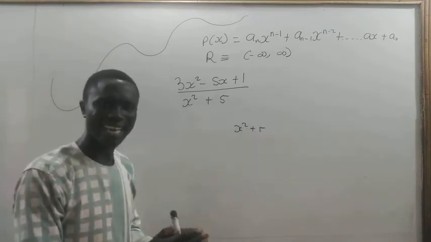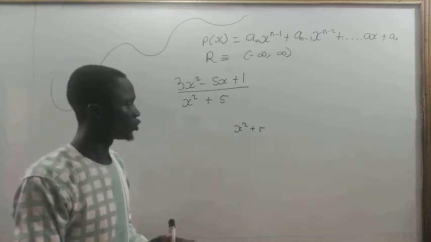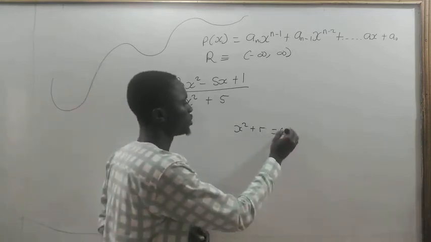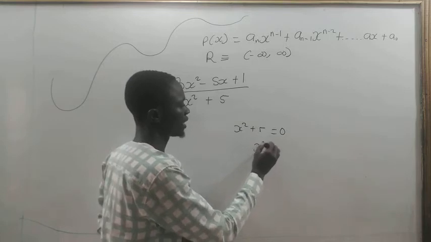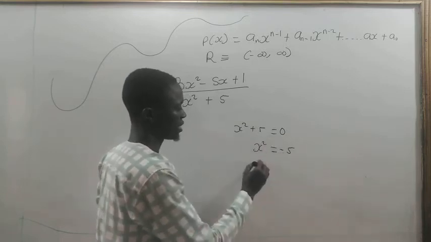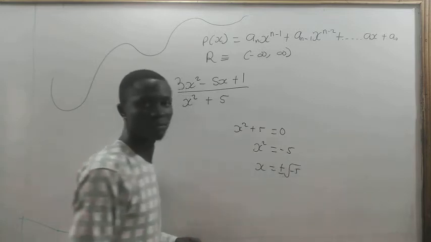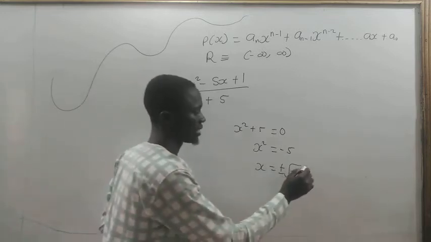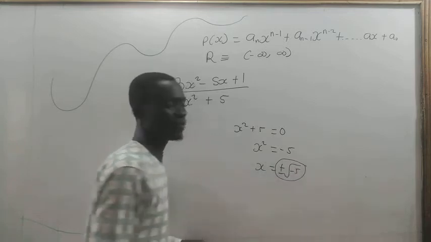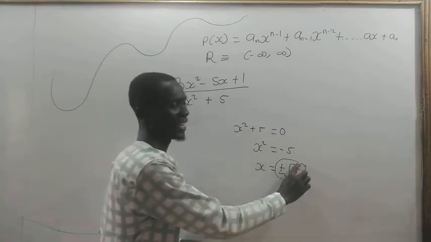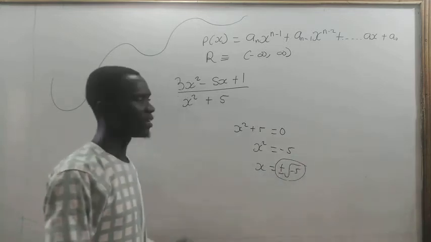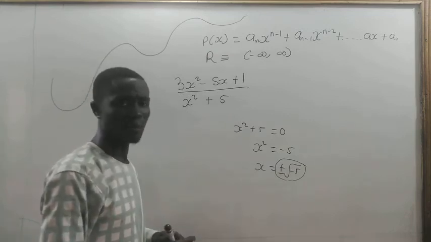We are dealing with real numbers. So you see that if we equate this to 0, you have x squared equal to -5. And x will be equal to plus or minus the square root of -5, which does not exist under the set of real numbers, because the square root of negative 5 will give us a complex number, but here we are talking about real numbers.